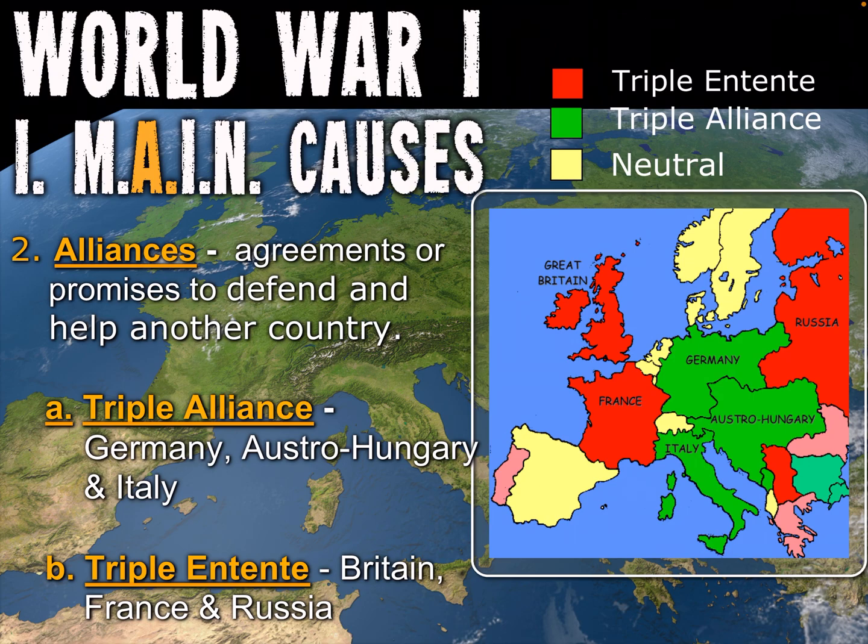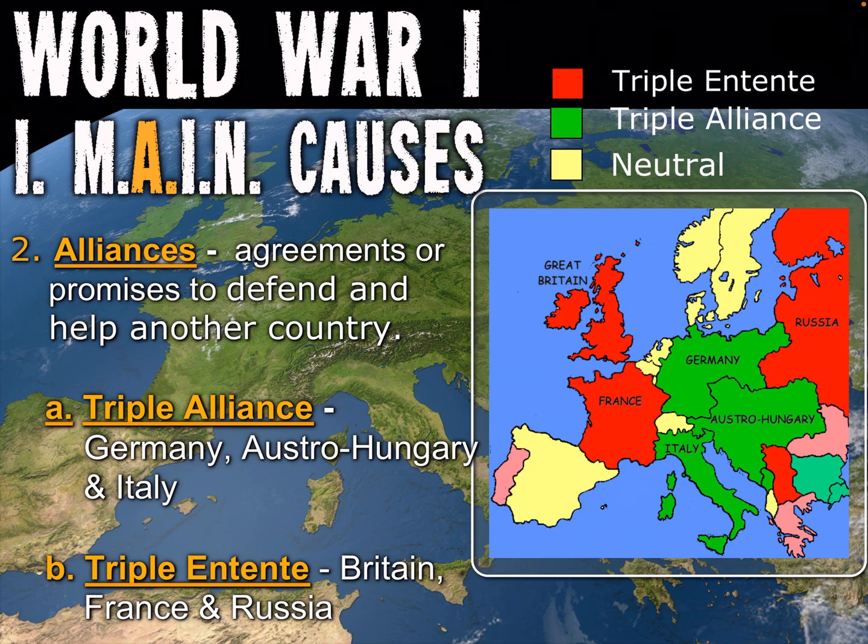The French and British, they still don't really get along. I mean, they get along to get along, but they're not best friends. So Britain later signed a similar agreement with Russia. When war began, these powers became known as the Allies. So you have what's called the Central Powers, which was Germany, Hungary, and Austria, and Italy, which is the center. And then all around the outside in red, you have the Allies.